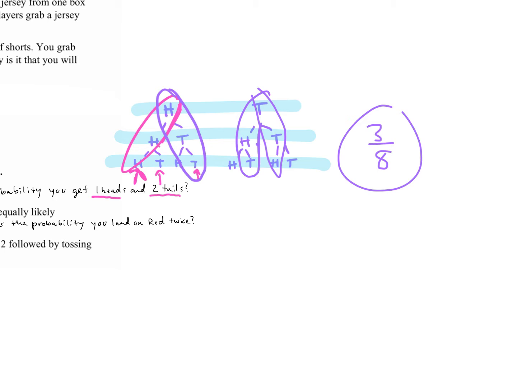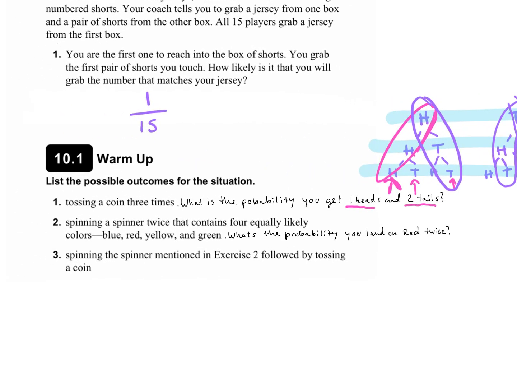Another way we could find all of the possible outcomes is that when we flip a coin 1 time, we have 2 possible outcomes in total. So that's just flipping it once. If we flip it another time, we have another 2 possible outcomes, that's either heads or tails. If we flip it another time, we have another 2 possible outcomes, which are heads and tails.